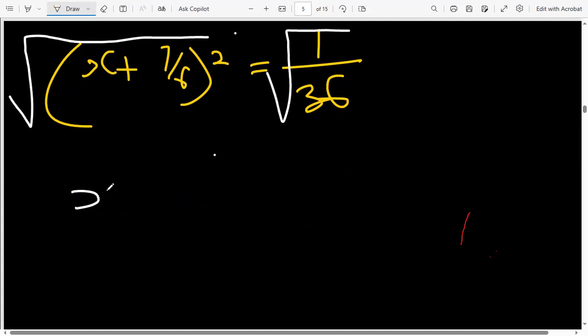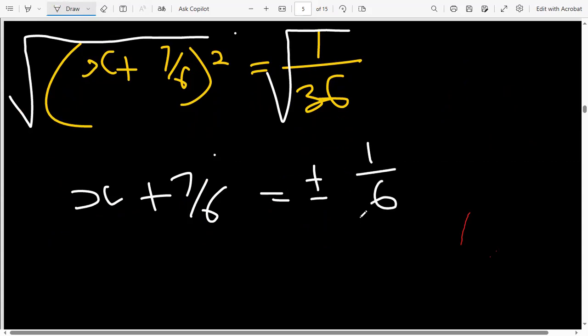Okay, so here we're going to remain with x plus 7 over 6 is equal to, okay, so here we have 1 over 36. We realize that 1 has a perfect square, 36 has a perfect square. So it means this will be plus or minus 1 over 6.